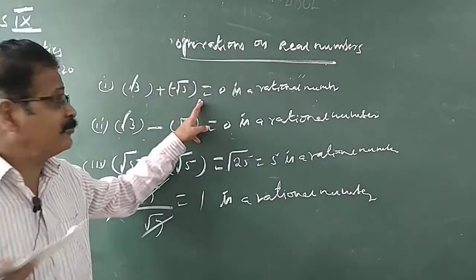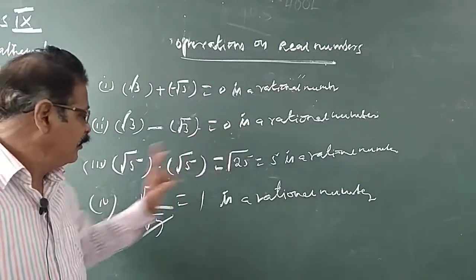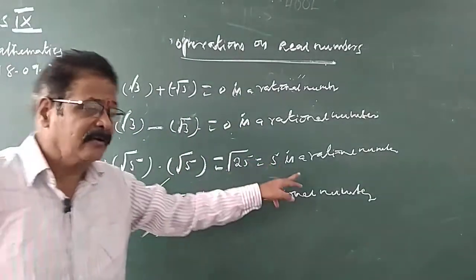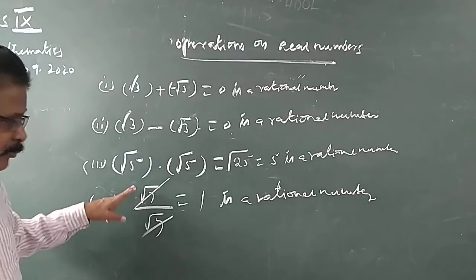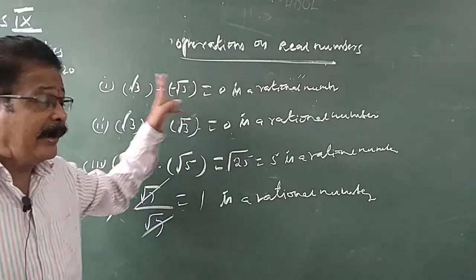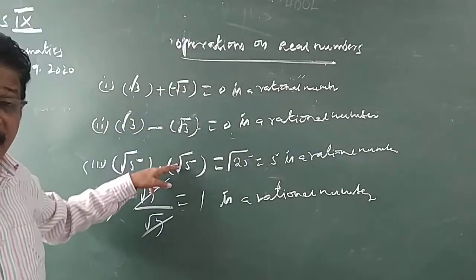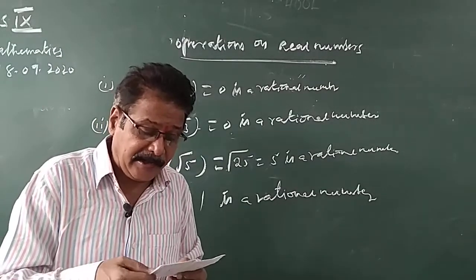The sum of two irrational numbers, what did you get? Rational. The subtraction of two irrational numbers, you got? Rational. The product, rational. The quotient means division. The quotient of two irrational numbers is rational. So the sum, subtraction, product and division of two irrational numbers need not be an irrational number.